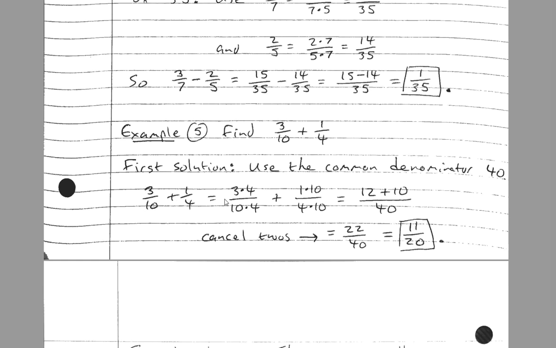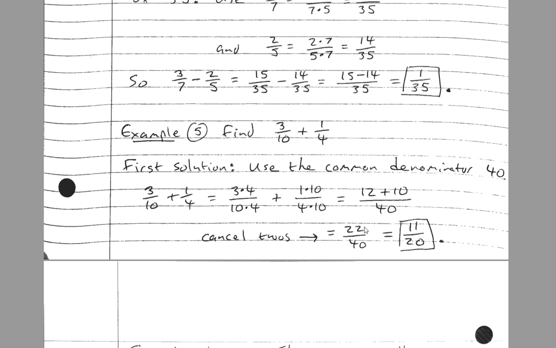So 3/10, that's the same as 12/40, plus 1/4, that's the same as 10/40. Okay, so taking C to be 4 here, taking C to be 10. So how many 40ths? That's 12 plus 10, that's 22/40.